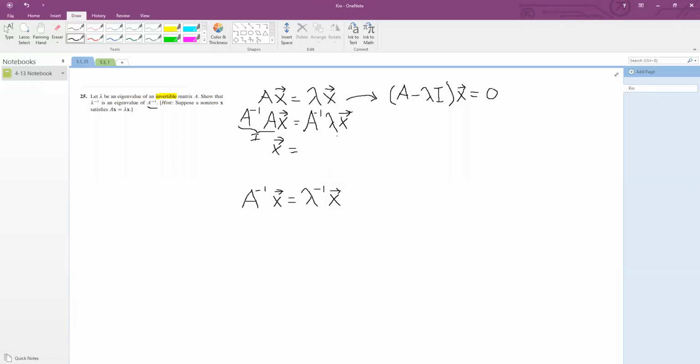Over here, remember lambda is a number. Lambda is like 3 or 5 or something like that. Then you have these two, A to the -1 and x, which would be matrix multiplied. So we can move the lambda out front and just have lambda times A to the -1 multiplied by x.